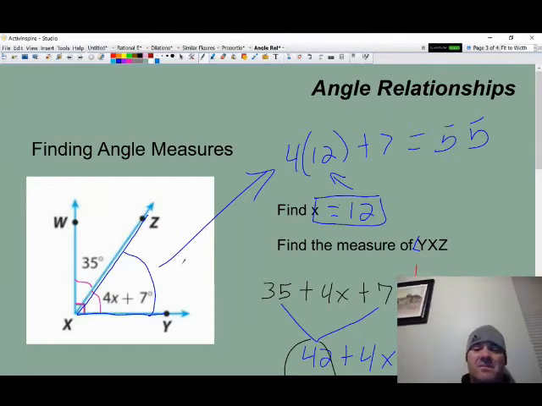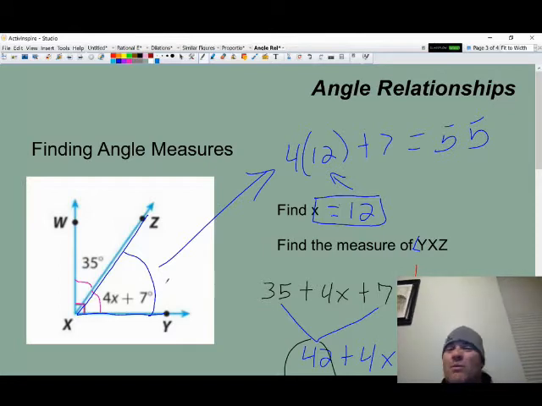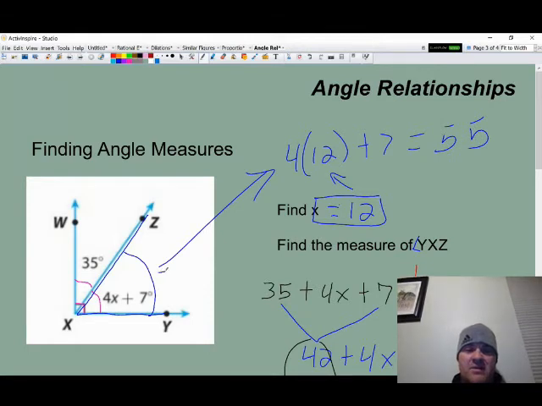But guess what? You already knew that it was 55. So I'm going to show you a different way of doing this. You already knew it was 55 right here, because 55 plus 35 equals 90, which we knew it was.